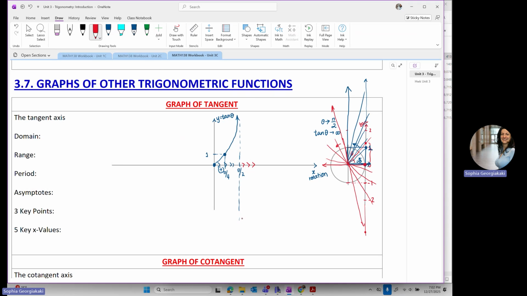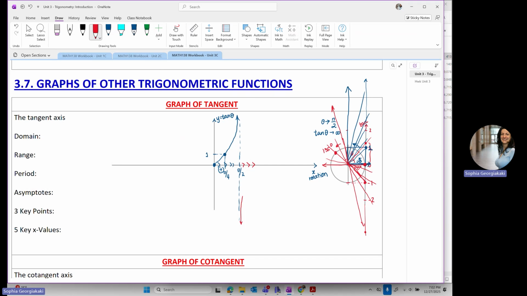So what happens here is that after pi over 2, I come asymptotic from the negative infinity. And when I am here exactly at 135 degrees, I will have a reference angle of 45 degrees, and that will hit exactly at the other corner.